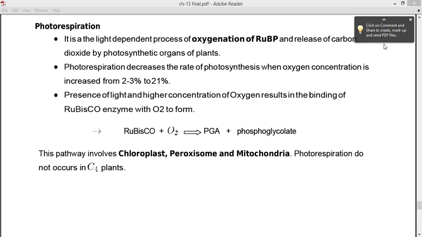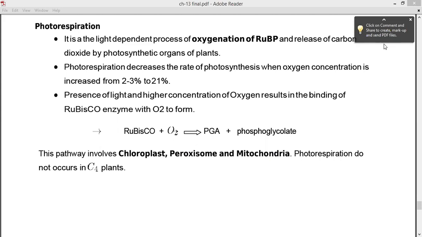For this reason, photorespiration decreases the rate of photosynthesis. So when the photosynthesis rate is decreased, photorespiration is also decreased. The reason is that when photorespiration takes place, at that moment a decrease in photosynthesis is observed.